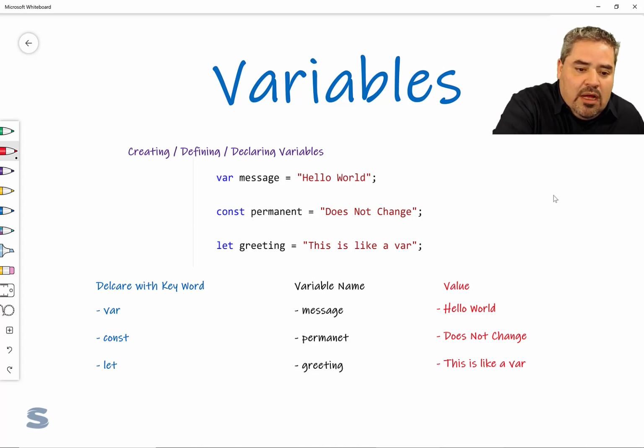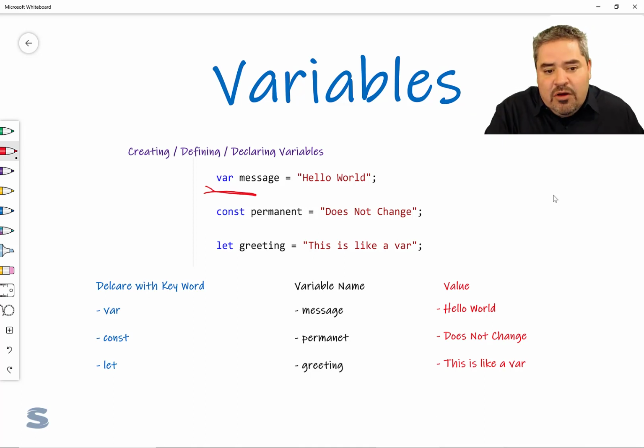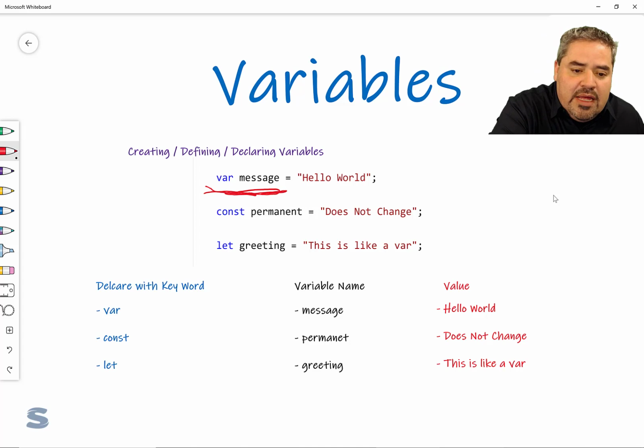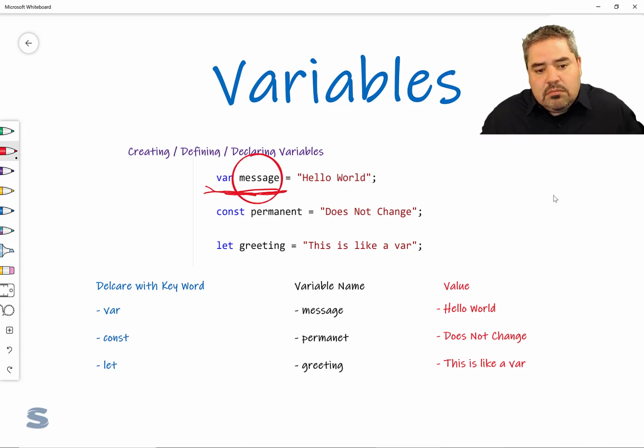So one more time, we define when we say, hey, let's go declare a variable. We're going to use the keyword var. Then the next part is the name. What's the name for this variable? Usually when you go to create a variable, you're going to know why you need it, what you need it for, right? I need to store a message. I need to store my age. I need to store my address. I need to store the salary.